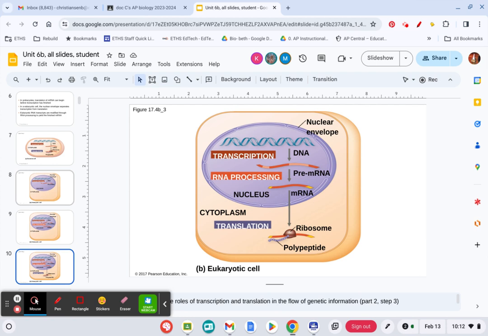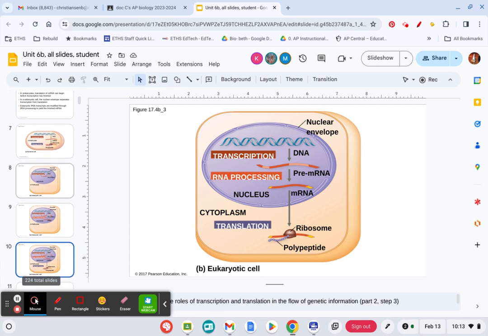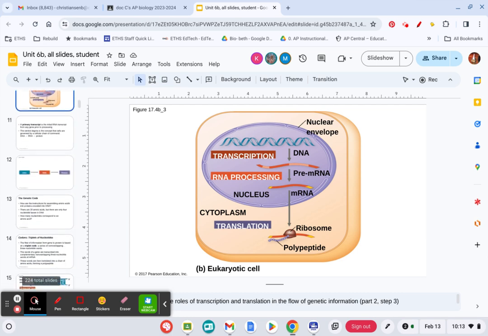Okay. So those are our three steps that we're going to have in our eukaryotic cells. We're going to focus mainly on eukaryotic cells because they are a little more complicated, but in a good way, in a way that gives us more flexibility with our genes than prokaryotic cells.